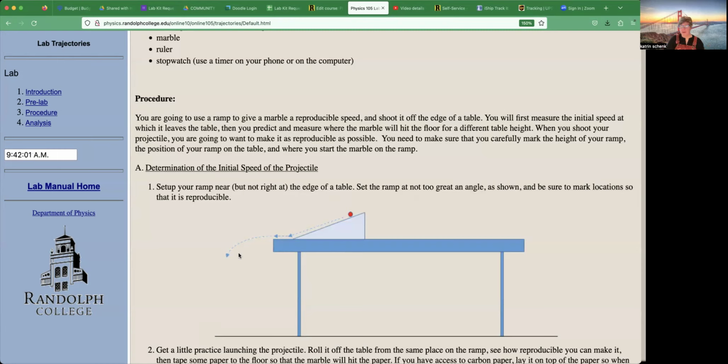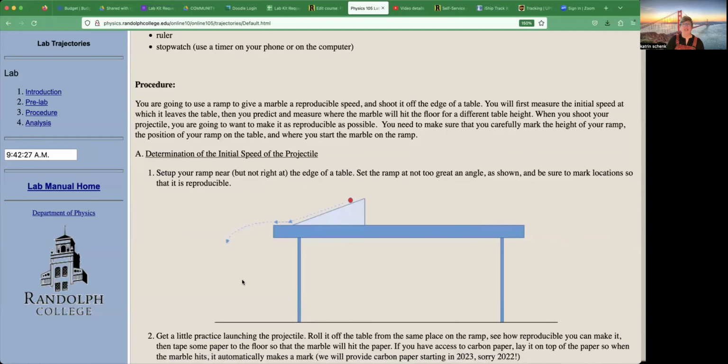You're going to have to do this experiment a little bit to see where the marble is hitting in general. But the carbon paper is nice because it'll make a little dot on the paper. Otherwise, you can just watch where it hits and make the dot yourself. It'll probably dent the paper a little bit. So you're going to see how far from the launch point, the horizontal distance, it hits. If you do that several times, you should be able to predict with your kinematic equations what the initial velocity is.